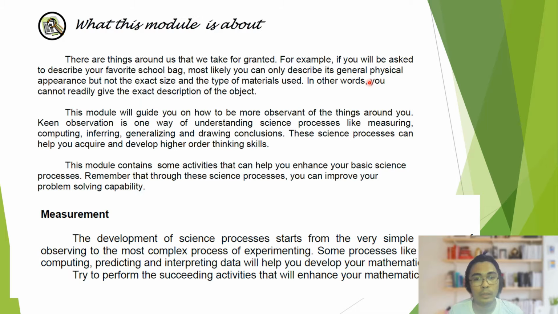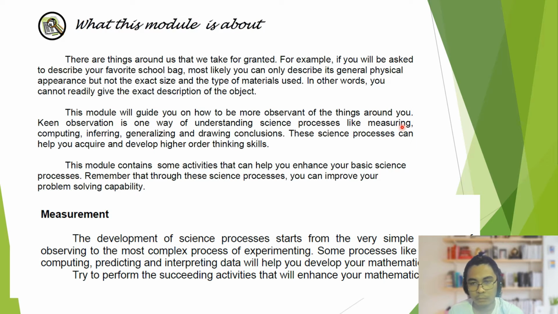Okay, so wherein you need to somewhat understand the scientific processes. Okay, wherein the scientific processes include measuring, computing, inferring, generalizing, and drawing conclusions. So with that, it is mentioned here that you also need that skill in measuring.